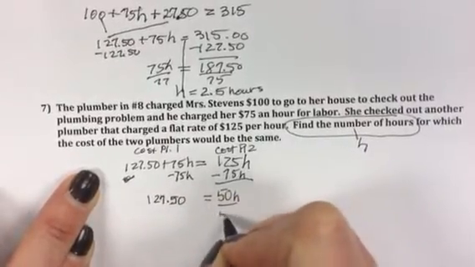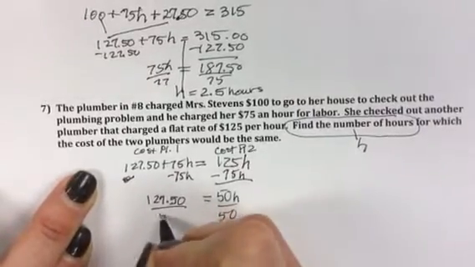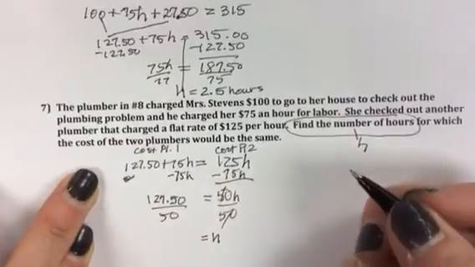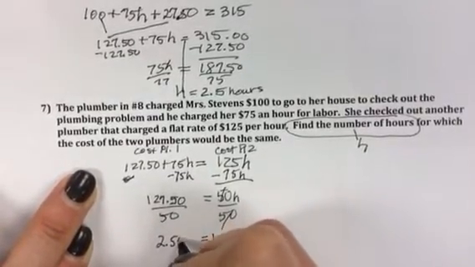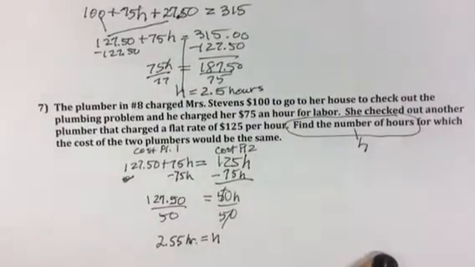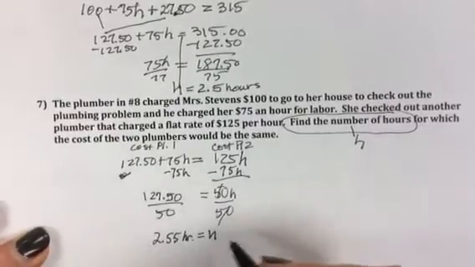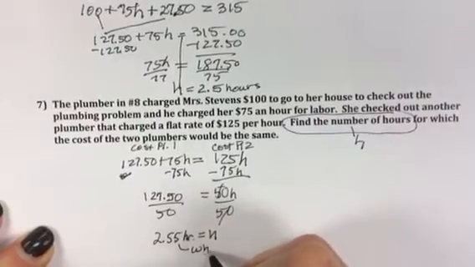And so then we're going to divide by 50. And when we divide by 50, we find that the number of hours where they charge the same is 2.55 hours. This is a little over 2.5 hours where they charge the same.